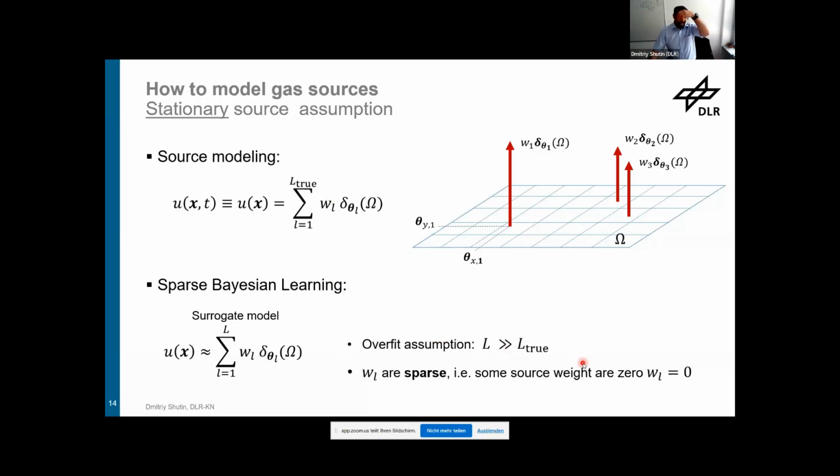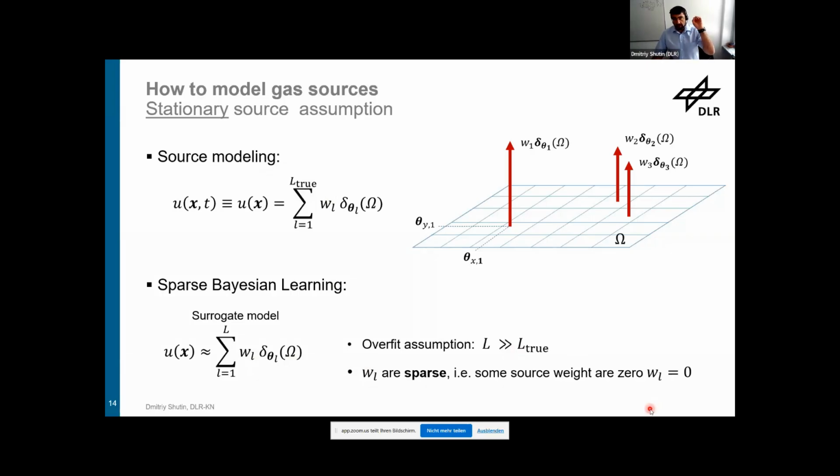So I will try to estimate L true, the true number of sources, by just counting how many sources with non-zero release rates I have in my estimate. This is how I will try to estimate the number of sources without making my estimator combinatorial in the number of sources. So this is the approach that we will follow.